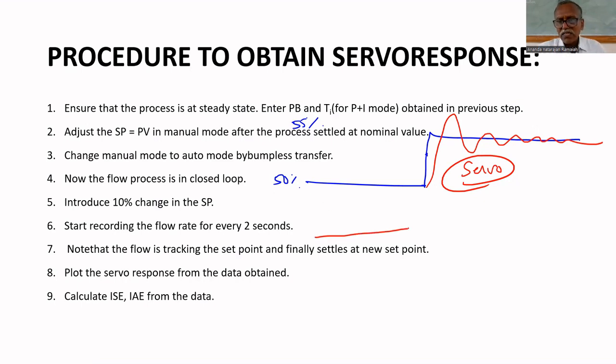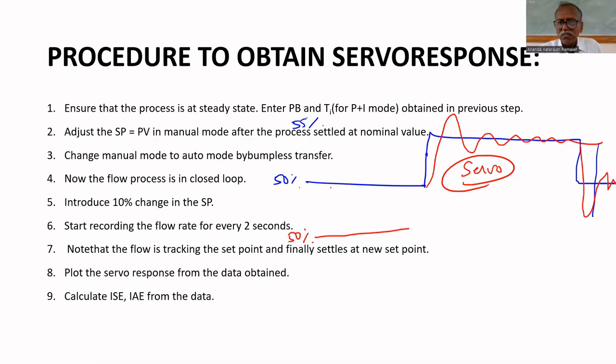Regulatory response: again change the set point to 50, it will come down, oscillate, and finally settle. Now it is settled at 50. At that time, give a small change in flow rate by adjusting the hand valve, not the controller output. If the hand valve is slightly closed or opened, the flow rate will be modified.